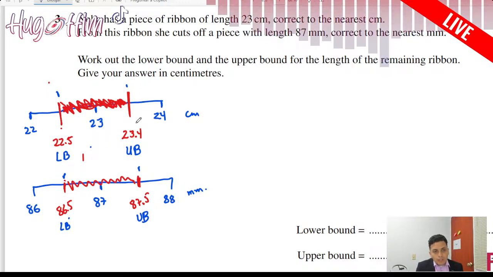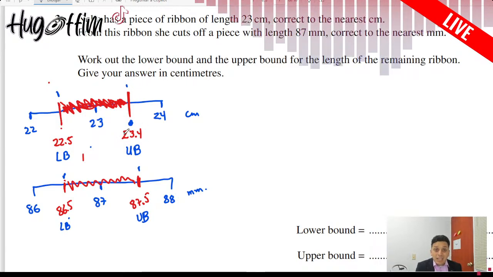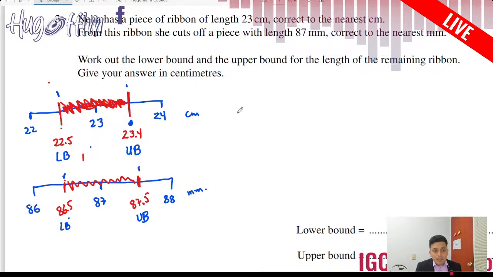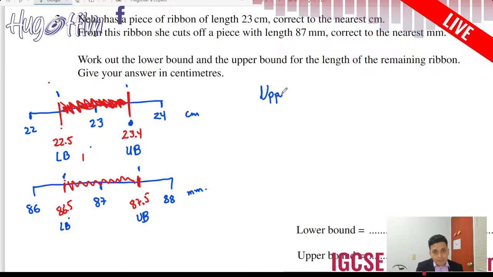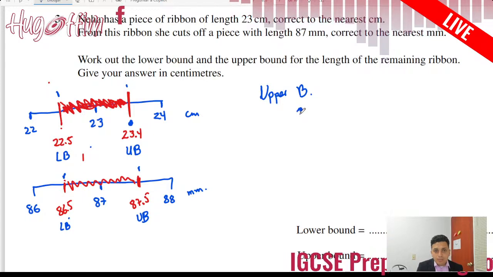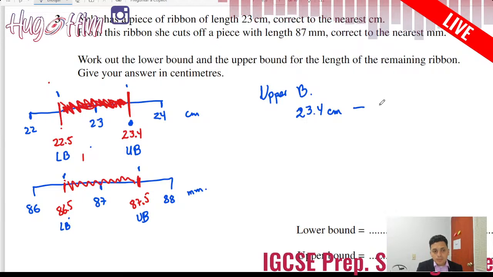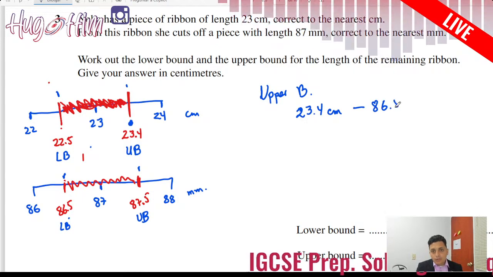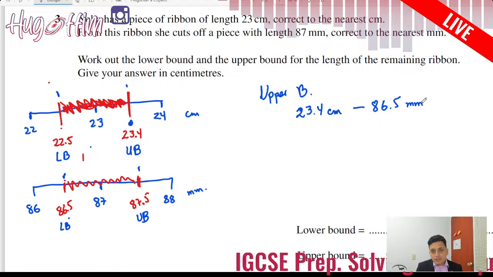And how to do that? The upper bound is going to be the highest number you can measure, 23.4, minus the lowest number you can measure here, 86.5 millimeters. So that will be the upper bound: 23.4 centimeters minus 86.5 millimeters.